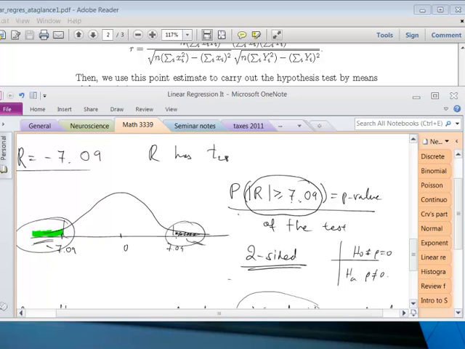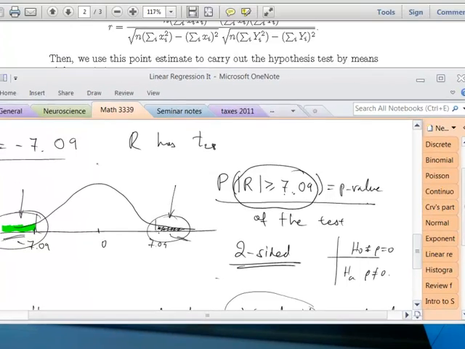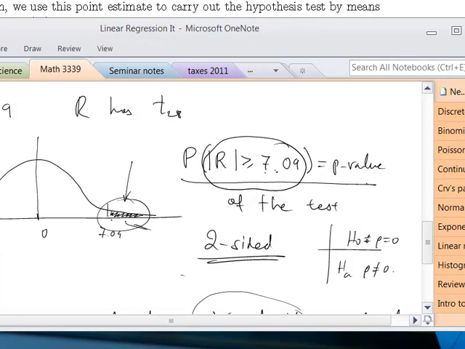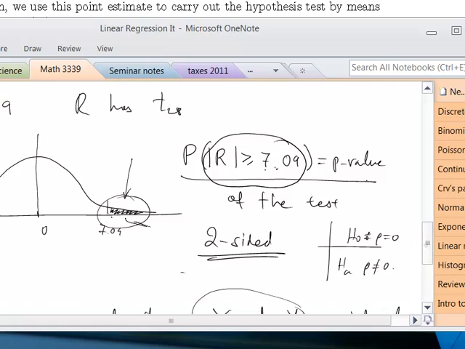In any case, this probability, which is the p-value I want, is the sum of the green area and the black area. Those two are equal to each other, so you can just find the green area and double that. And they are equal because the statistic R has a t distribution, and the t distribution has a PDF which is an even function.